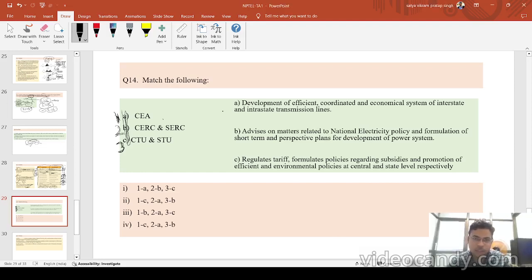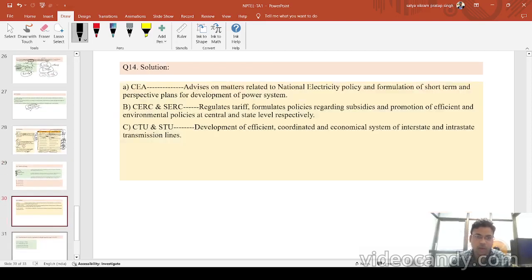First, the CEA, the Central Energy Agency, is the policy making body. CEA is an advisory board on matters related to national electricity policy and formulation of short-term and perspective plans for the development of the power system.